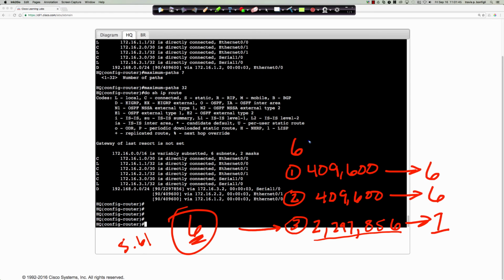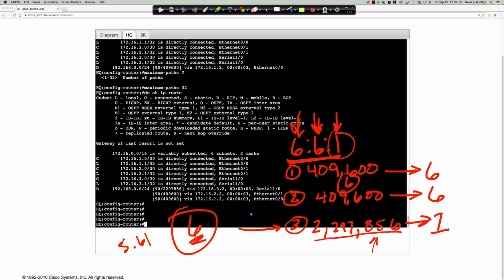So for every 6 packets that go across the first 2 links, we're only sending a single packet, and that is the load sharing ratio right there. So 6 packets go here, 6 packets go here. For 6 packets that go across each of these 2 links, only a single packet would get sent across that third link. That's packet-based load sharing. If we're doing flow-based load sharing, then it's 6 flows here, 6 flows here, and then only a single flow there.